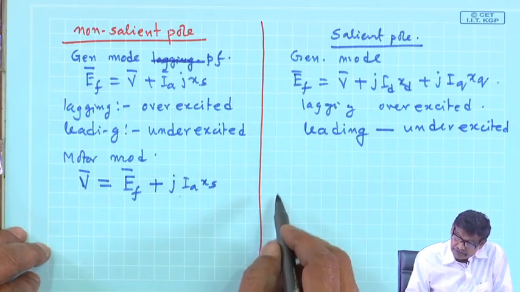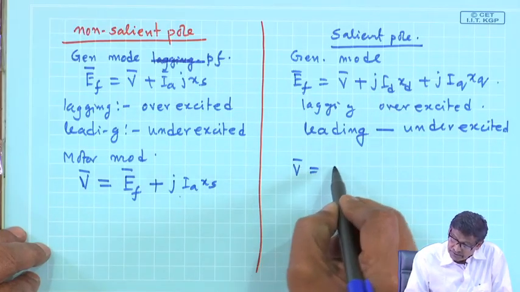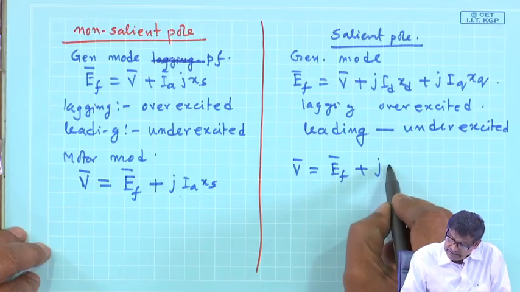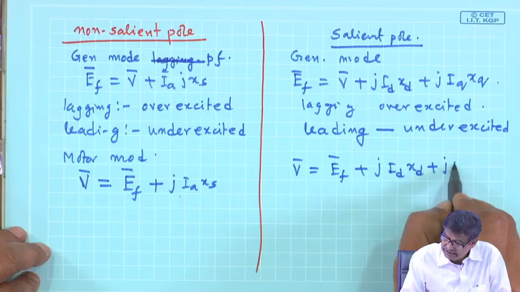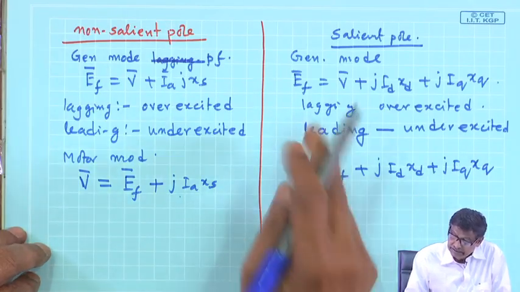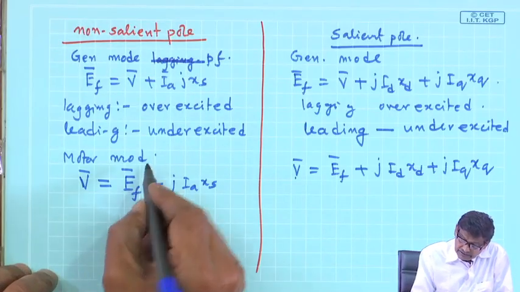In case of salient pole machine, I will be writing V equal to EF plus J Id Xd plus J Iq Xq. See the interchange of these two positions, and this is motor mode.